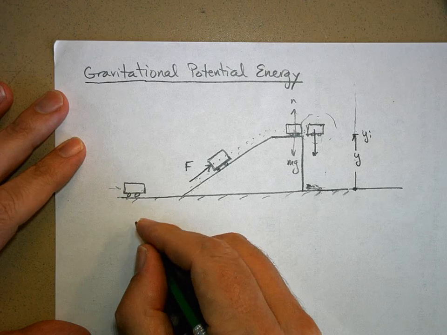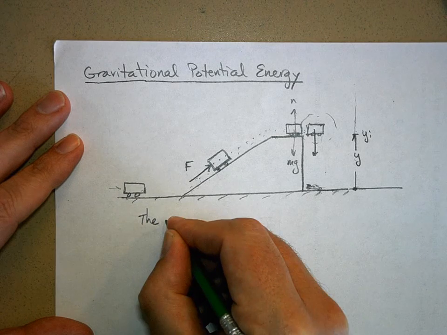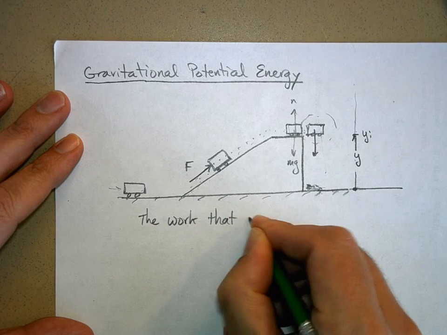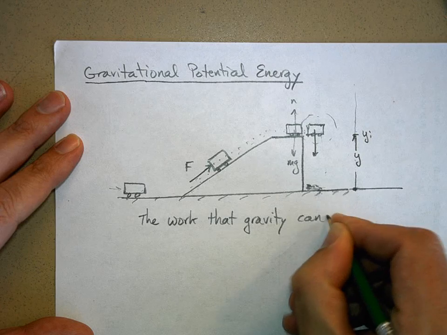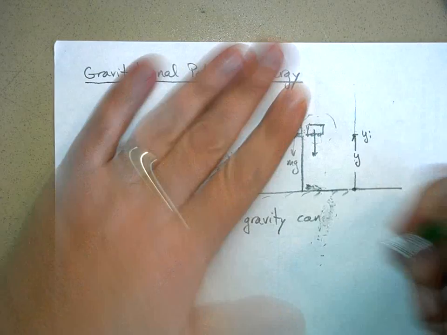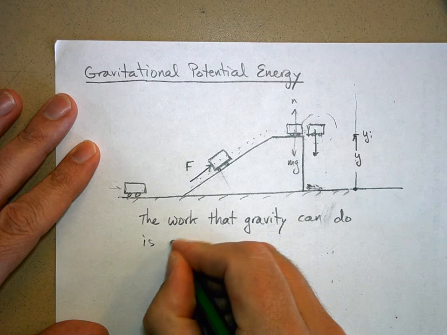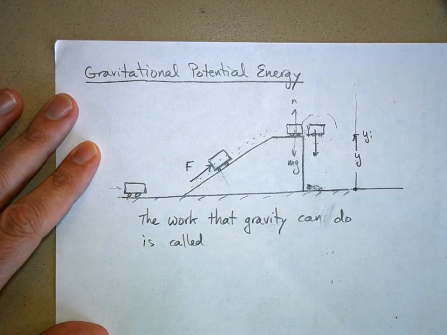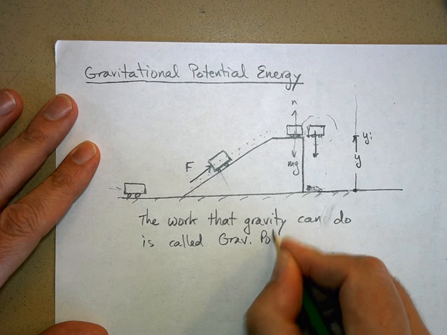Okay, so the work that gravity can do, no, can do is 2 words, is called, well, I've written it up here, so I'm just going to put grav potential energy.